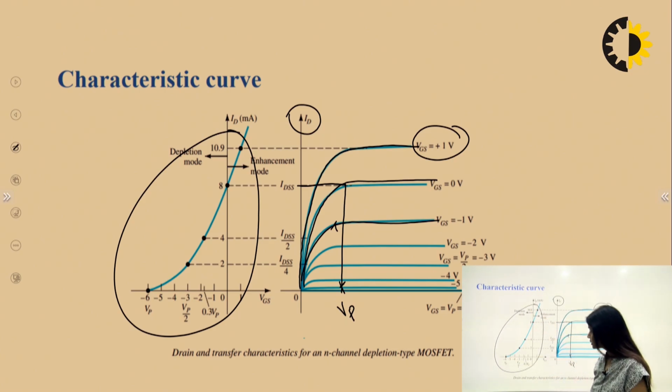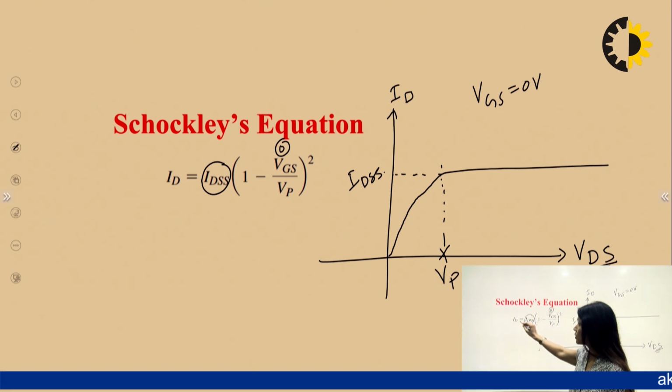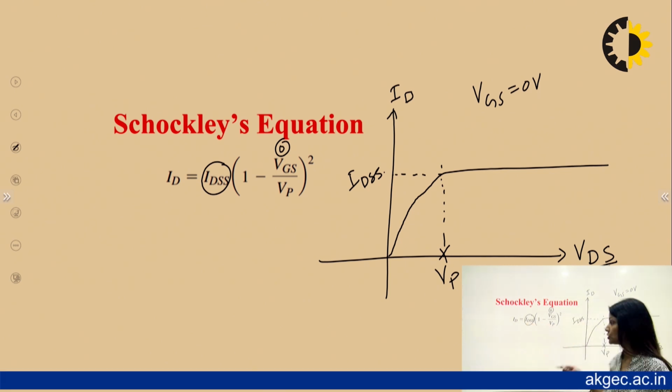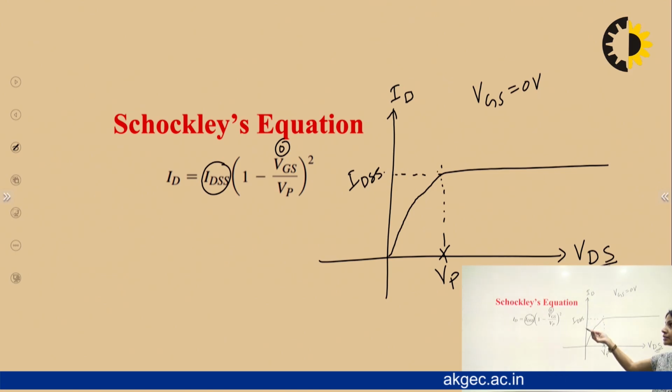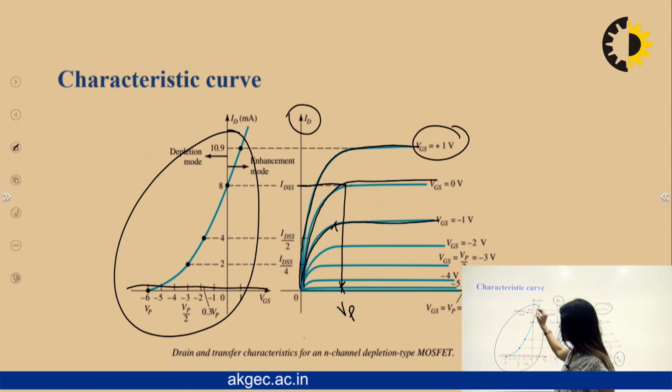So you can see in this, if I made VGS equal to 0, let's say, then ID is equal to IDSS, which I have mentioned here. ID is nothing but IDSS at VGS equal to 0 volt. See the graph between VGS and ID.